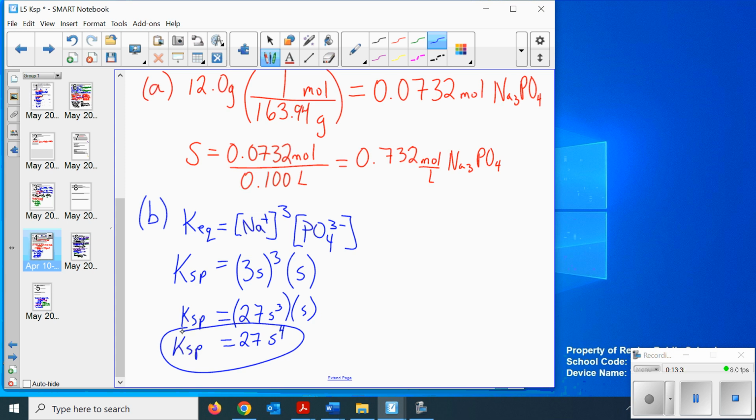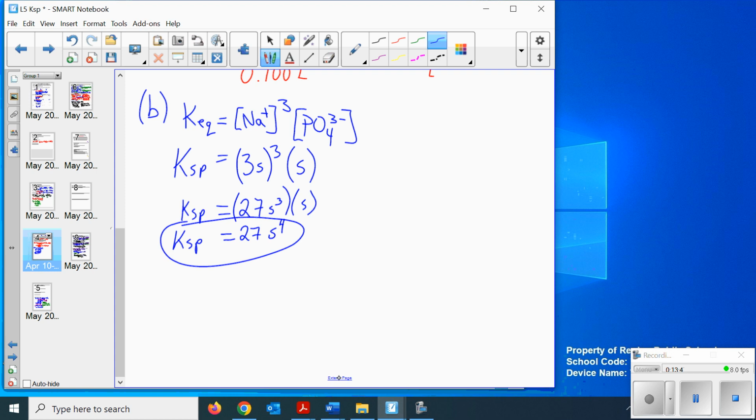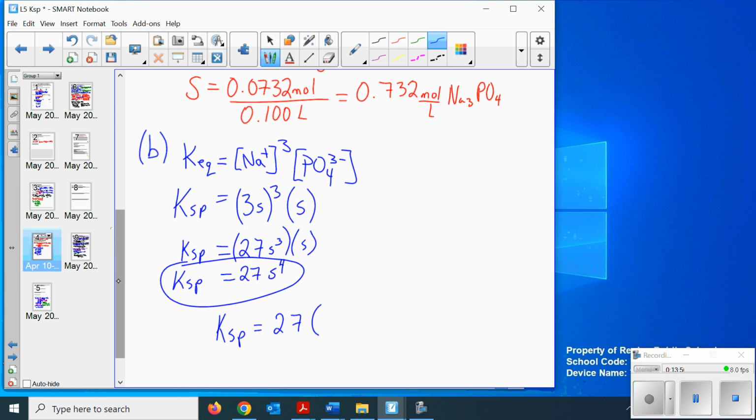that doesn't quite solve the problem. The Ksp expression, not the value yet, but we have an S value. Have it in red above, 0.732. All we're going to do is put it in here. Ksp value now: 27 times 0.732, as long as that was in moles per liter, big M, something like that.